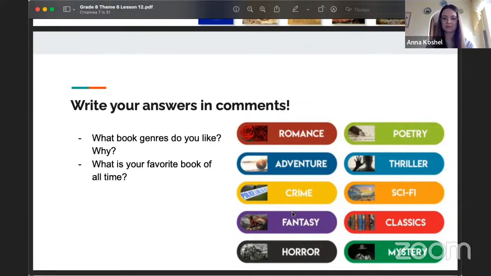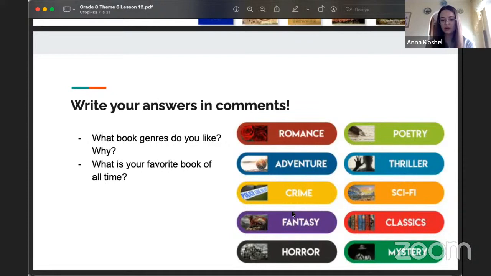Crime, we have already talked about detective novels, so probably somebody gets killed or something happens, we have a crime that needs to be investigated. Sci-fi, it's a short word for science fiction. The Martian and The Hitchhiker's Guide to the Galaxy that we have mentioned in one of the previous slides, those are actually great examples of sci-fi, science fiction.